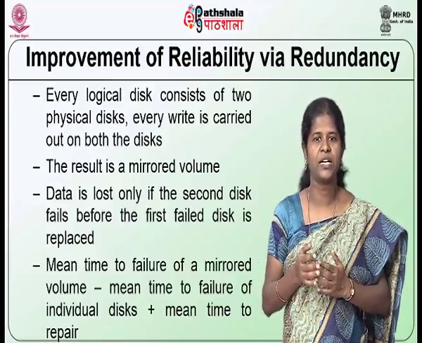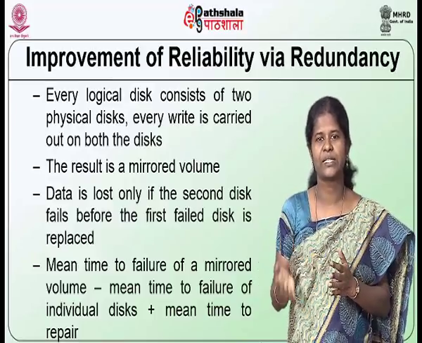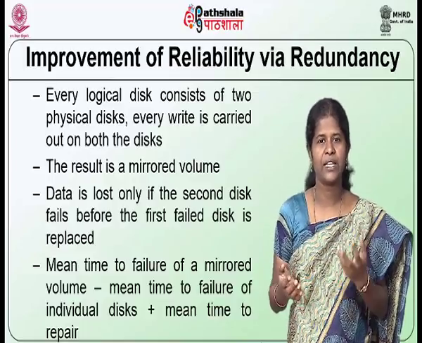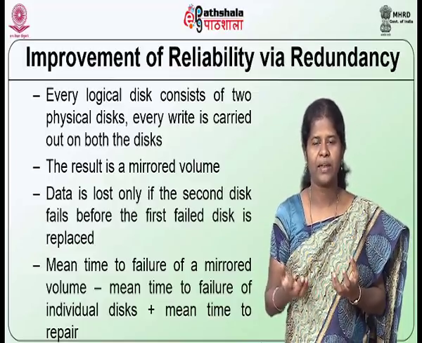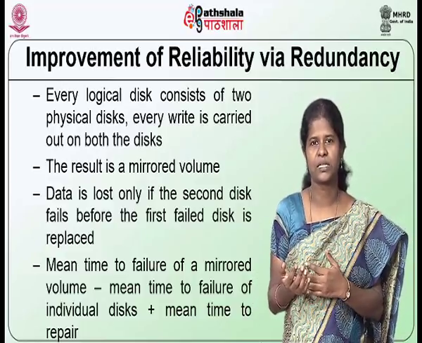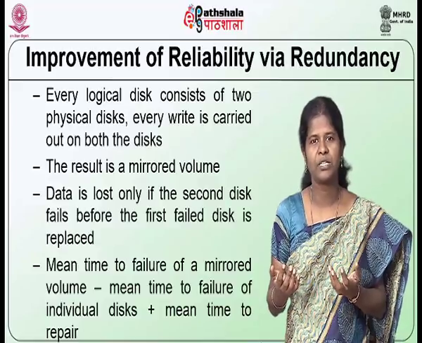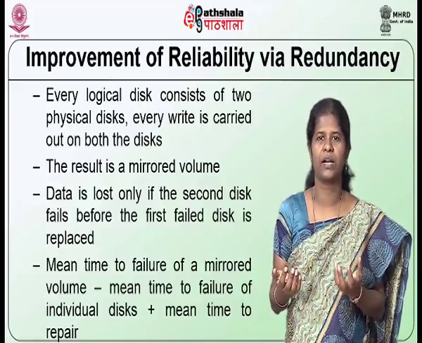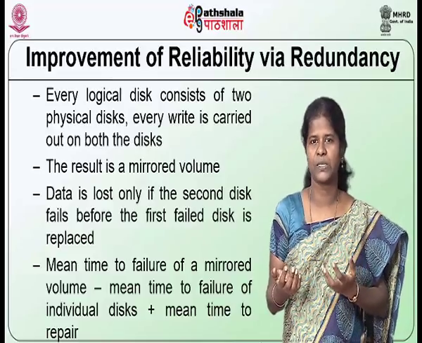But here the data is lost only if the second disk fails before the first failed disk is replaced. Say the first disk fails; now the second disk can be used, so you continue to use the second disk. It takes some time to repair the first disk.